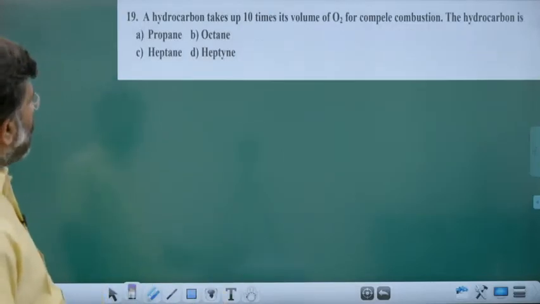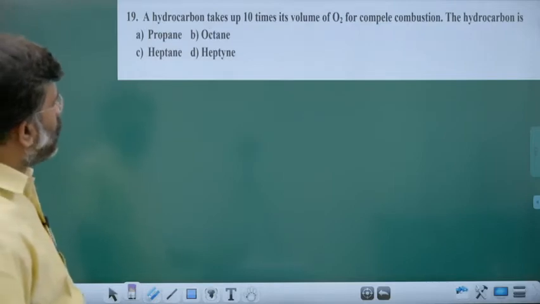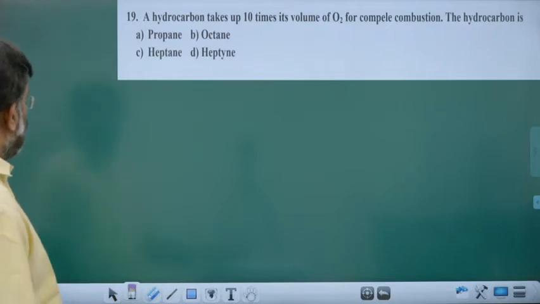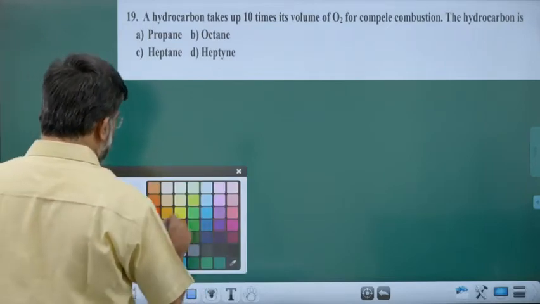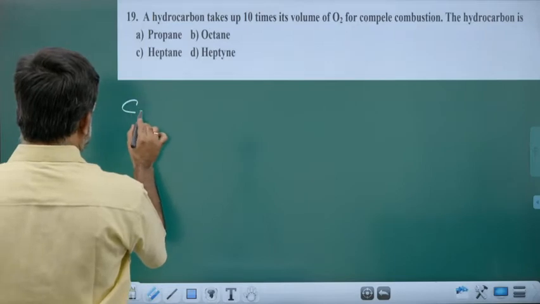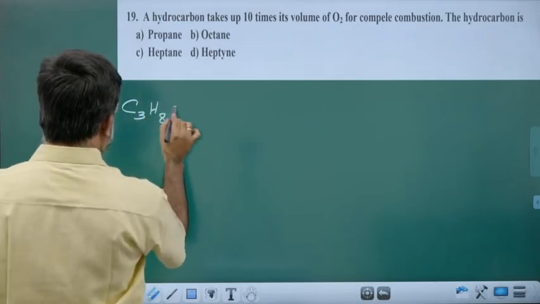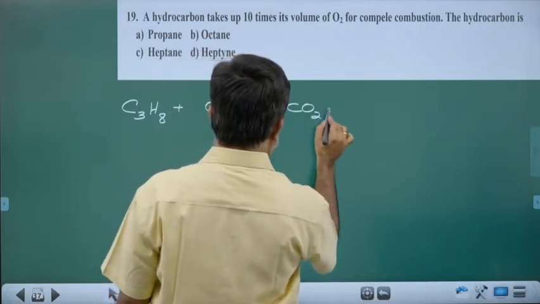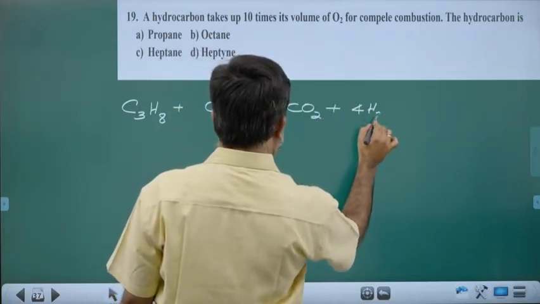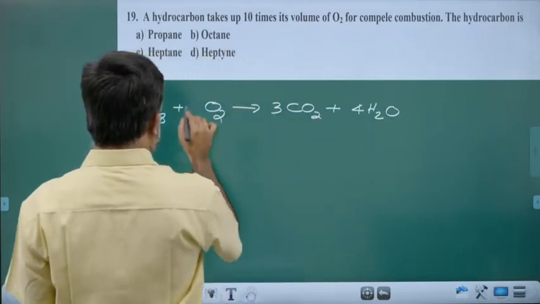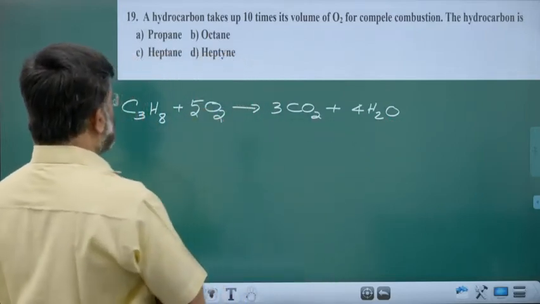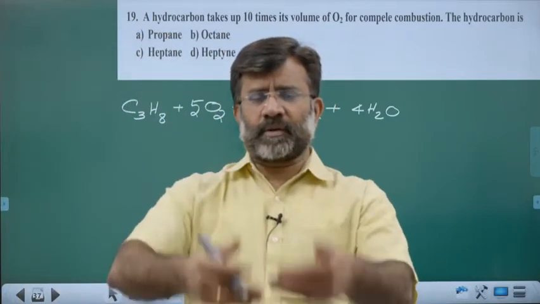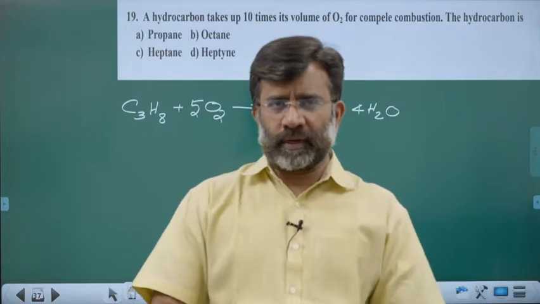A hydrocarbon takes up 10 times its volume of oxygen for complete combustion. The hydrocarbon is... Easily you can find out, no? Suppose it is propane. C3H8 plus oxygen gives 3 carbon dioxide and 4 H2O. 6 plus 4, 10, so it will be 5 here. So option A is wrong. With simple cross verification, you will get your answer.